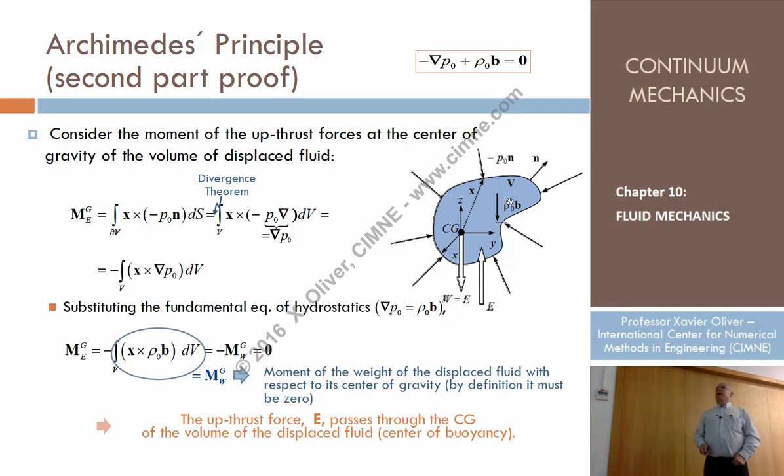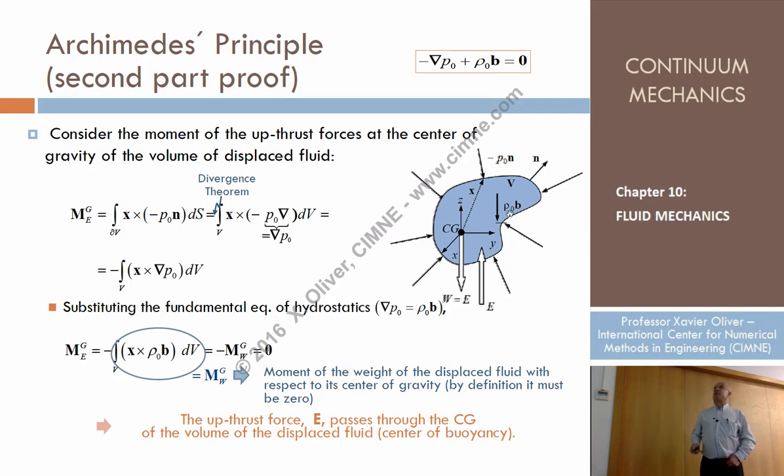So, if we want to compute the moment of these forces with respect to the origin, we have to take the integral on the boundary of the forces, minus P0 times the normal, times the position vector of every one of these forces. So that's the expression, okay?